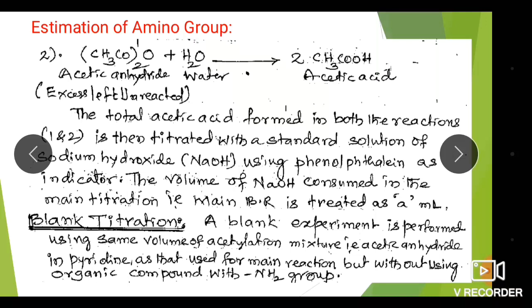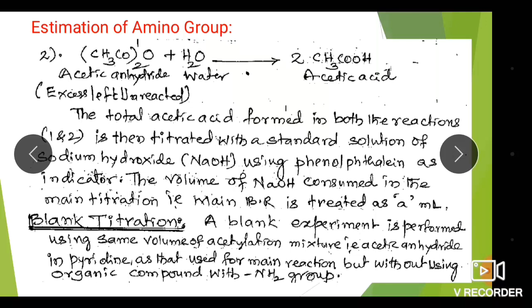the amount of sodium hydroxide required to neutralize the acetic acid, which is directly proportional to the amount of acetic acid formed in the hydrolysis reaction.